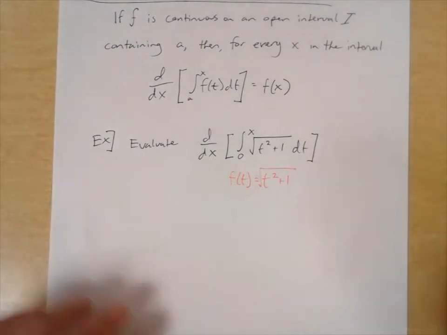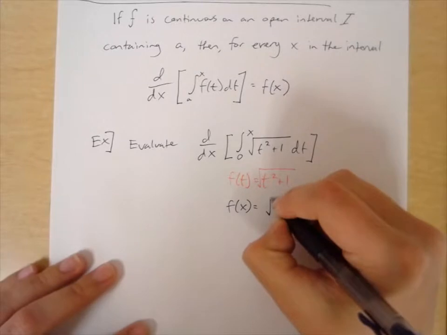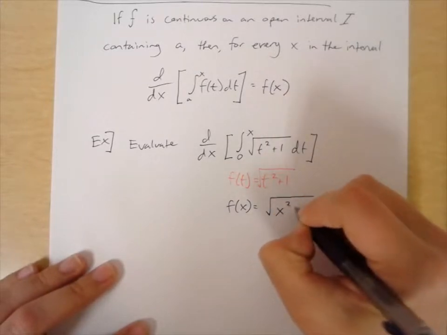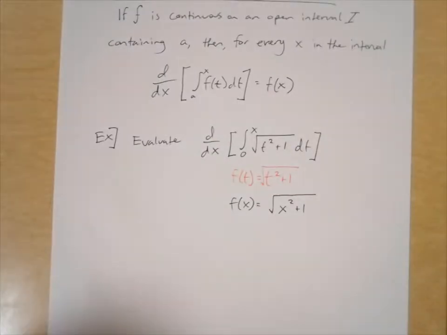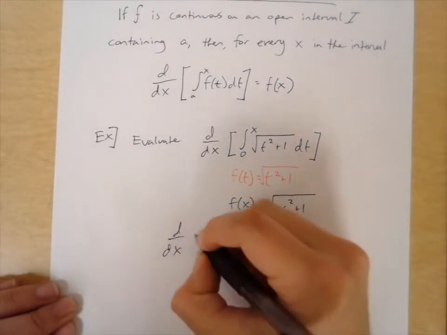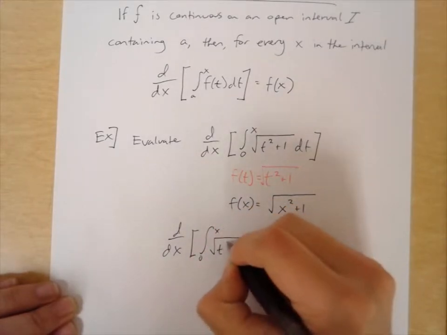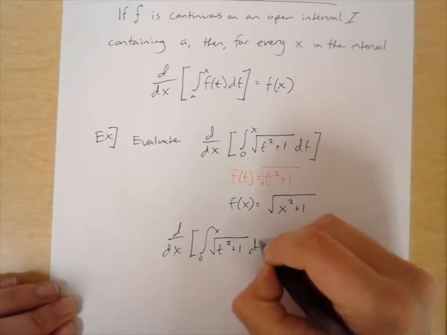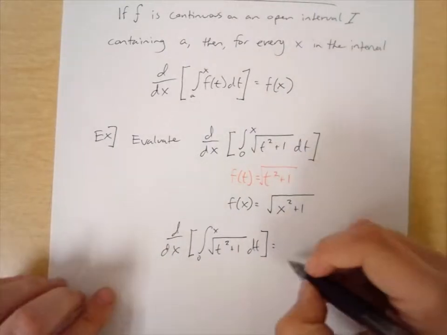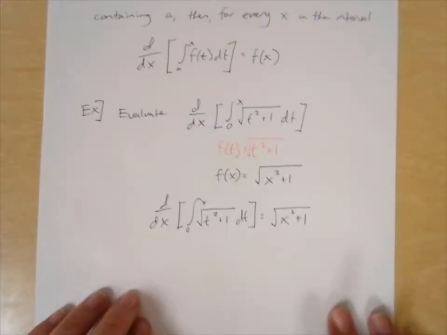So that means f of x, our function evaluated at x, is the exact same thing, except it's x squared plus 1 instead of t squared plus 1. And so, in short, the d dx of the integral from 0 to x of radical t squared plus 1 dt is radical x squared plus 1.